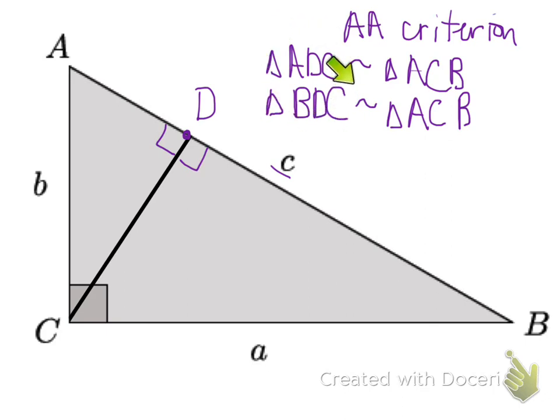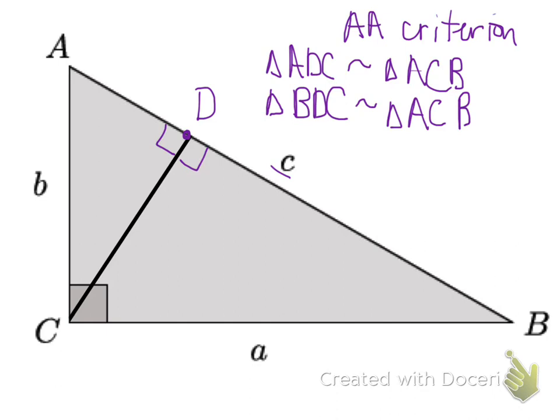And that turns out to be true. They are all similar. They all have an angle A, an angle B, and a right angle. So with that established, we're going to move on to another diagram.